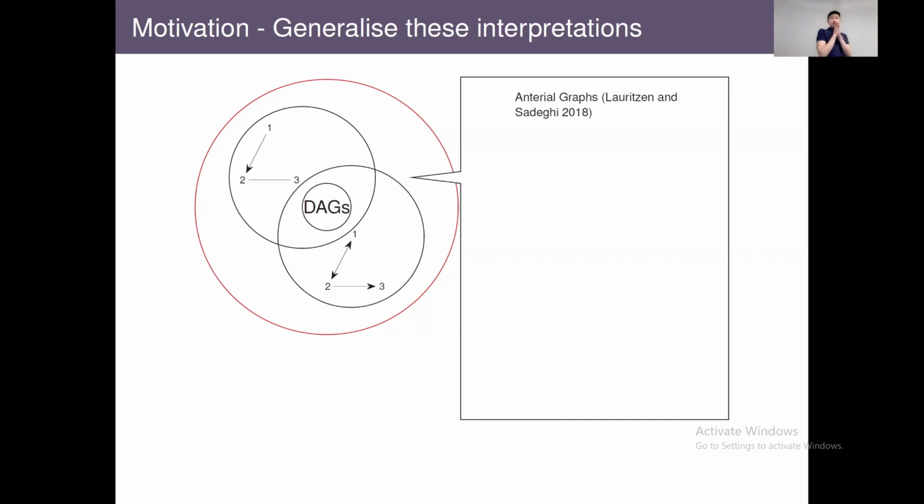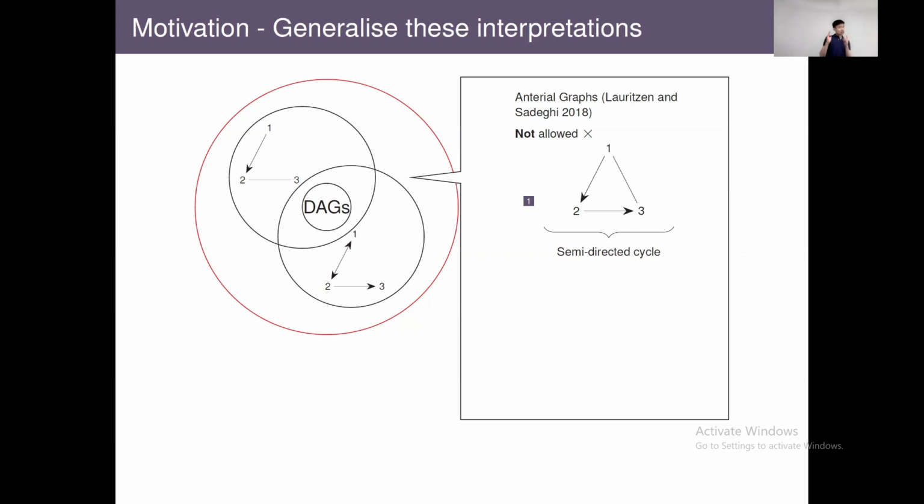So what we can do is that my supervisor and his supervisor introduced a bigger class of graphs called anterior graphs, which contains all of them. I'm going to mention a bit what an anterior graph is. In an anterior graph, just like a DAG, you guys are familiar with DAGs, you don't have directed cycles.